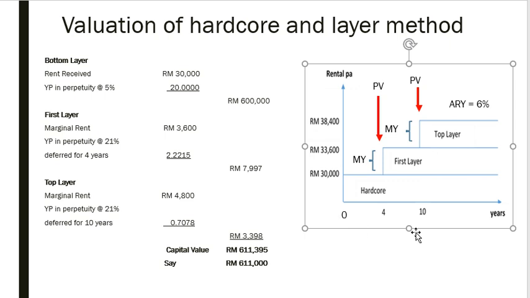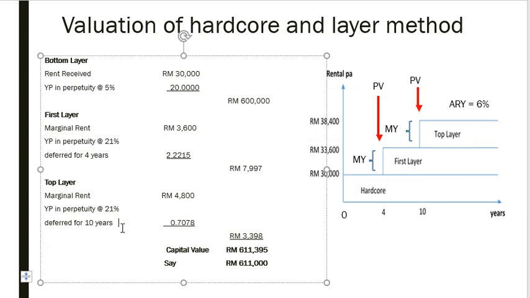So that is why deferred for 10 years. Again using the formula of 1 divided by IA, we got 0.077078. Now marginal rent times YP, and you will get the capital value of the top layer.